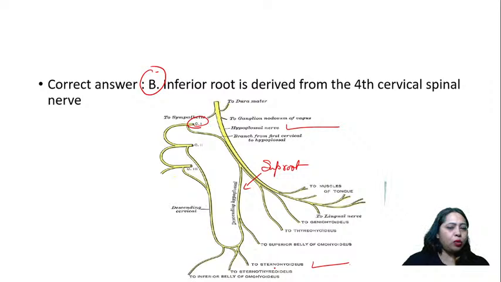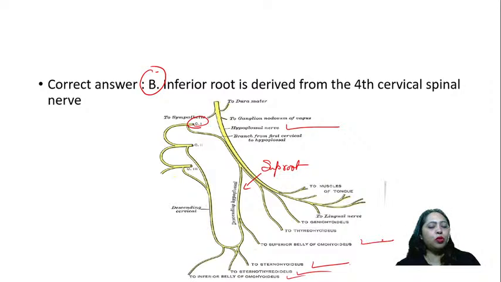You can see all these muscles, the sternothyroid and inferior belly of omohyoid, and the superior belly of omohyoid. All these are supplied by the ansa cervicalis. Okay, let's go to the next one. The answer is correct, 3B.